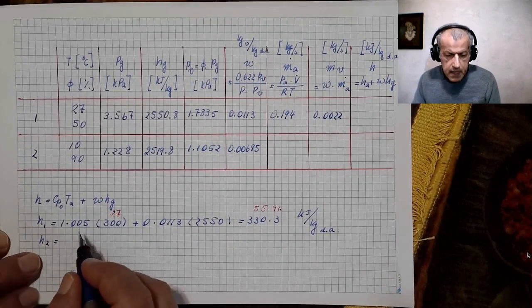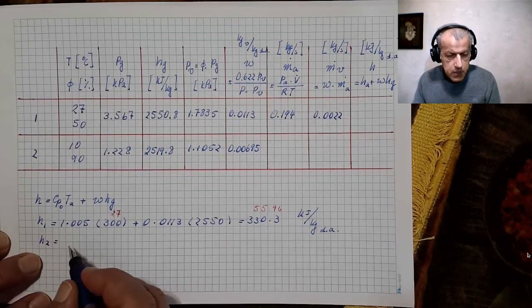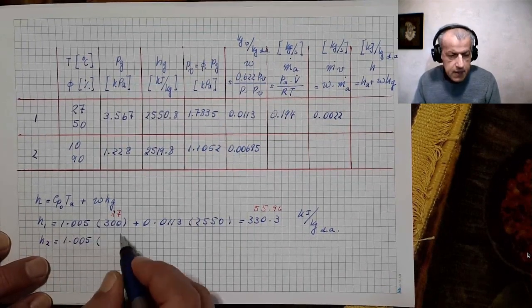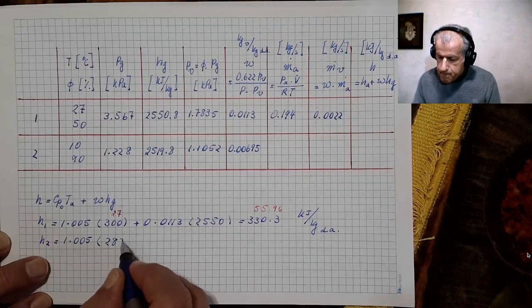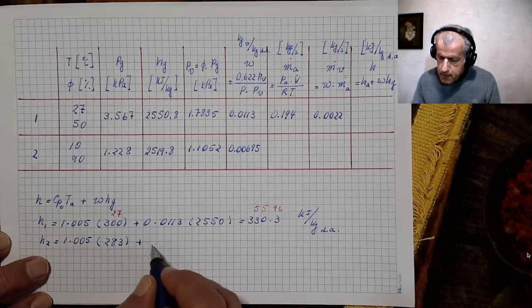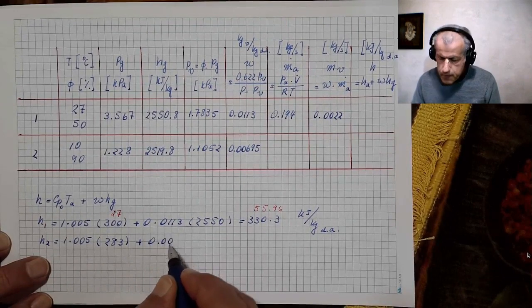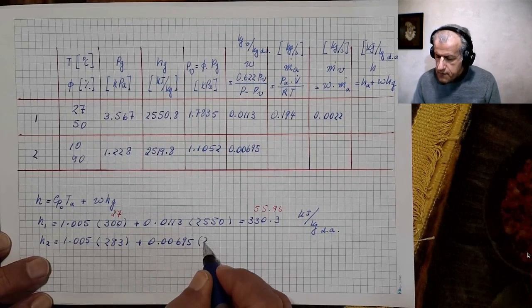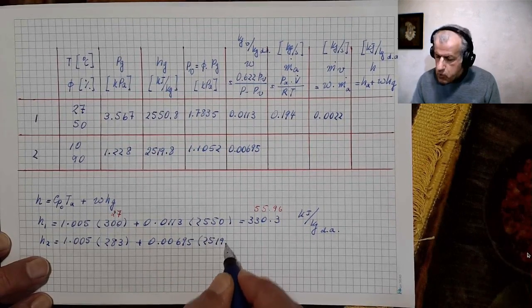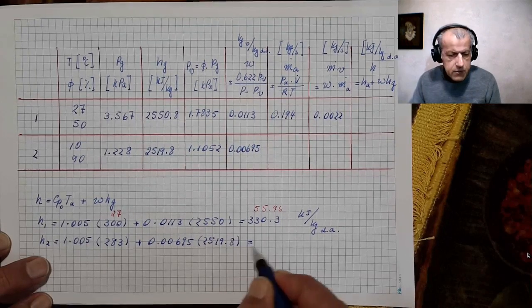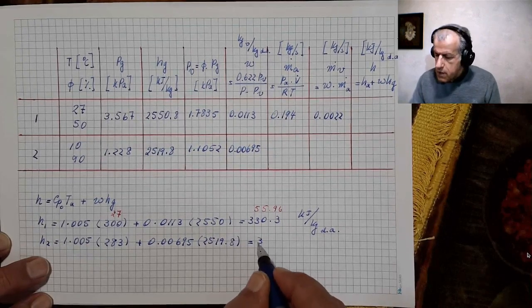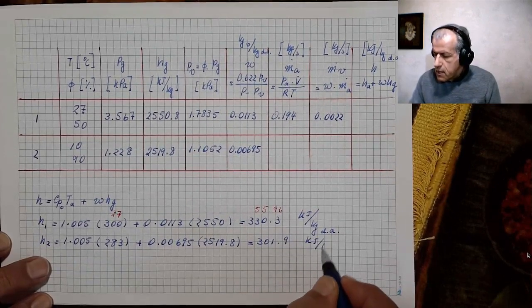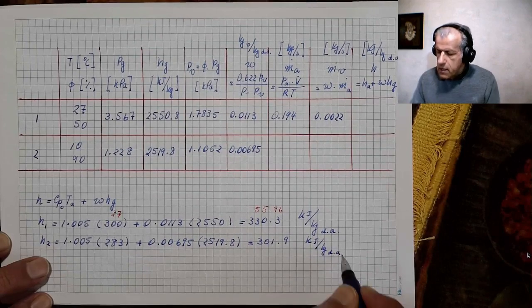And for H2, we could calculate it to be 1.005 times 283 plus 0.00695 times 2519.8, and the outcome is 301.9 kilojoule per kilogram dry air.